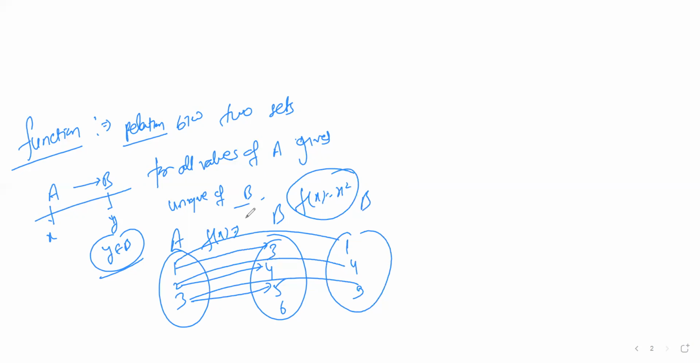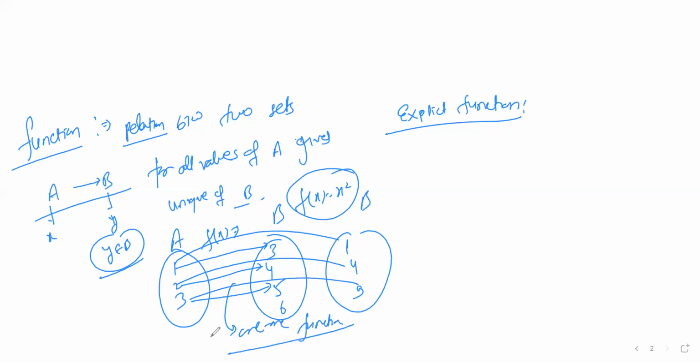So here there are many functions, like the explicit function. If one input has one image, that type of function is called a one-one function. So the function must be one-one. These things we have discussed in 12th class, but they are not mandatory from the GATE point of view.